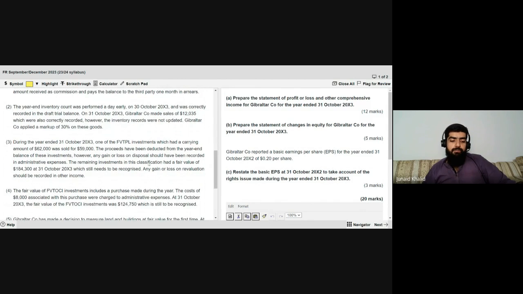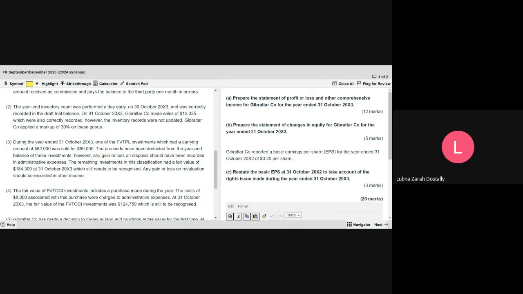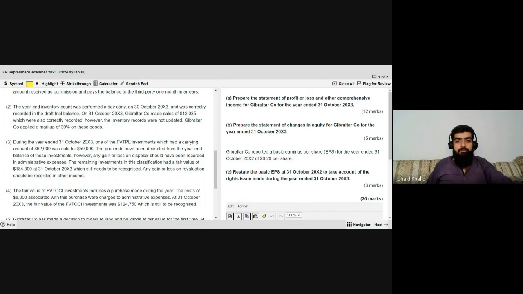During the year ended 31st October 2003, one of the fair value through P&L investments. Can you understand the term fair value through P&L? Yes. So there is another investment that is measured at fair value through P&L, which had a carrying amount of 62,000, and was sold for $59,000, which means an investment valued at 62,000 was disposed of for 59,000.